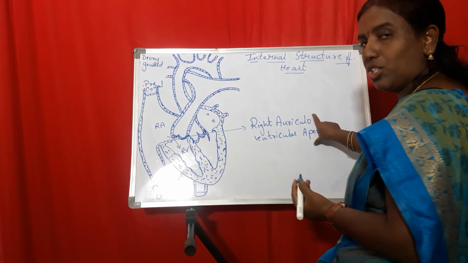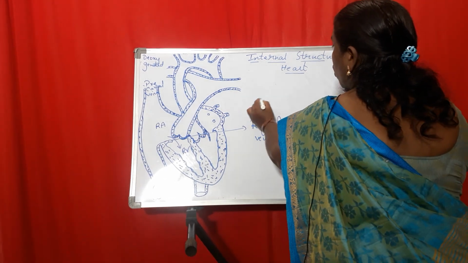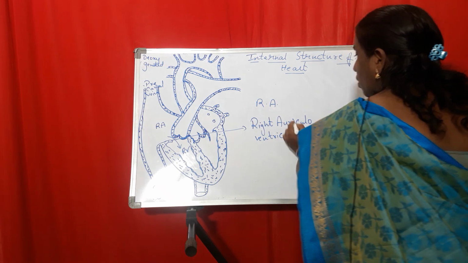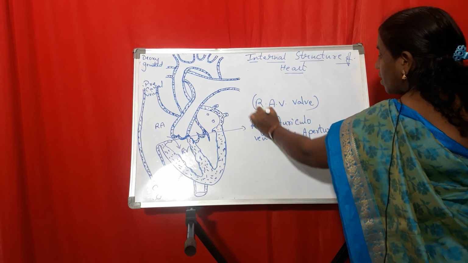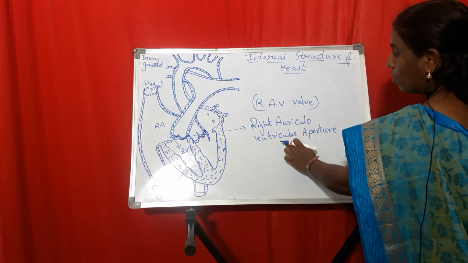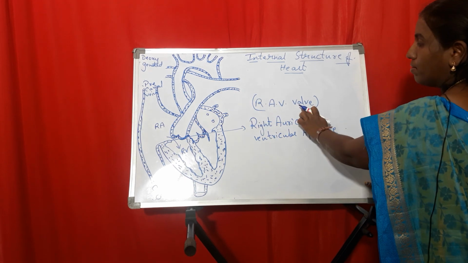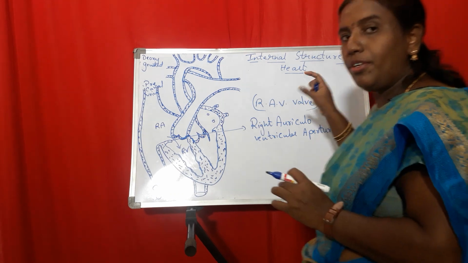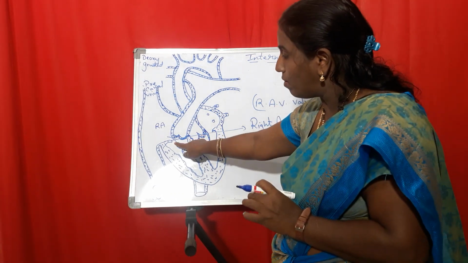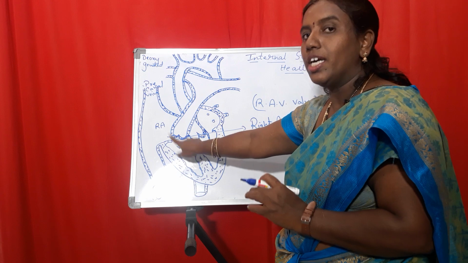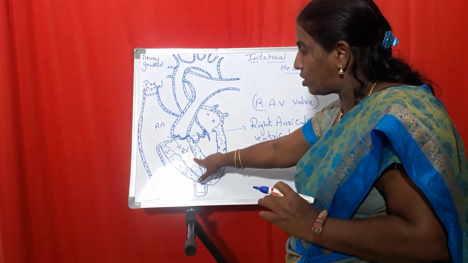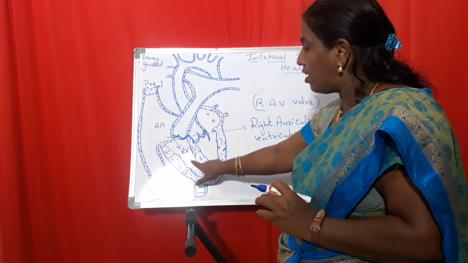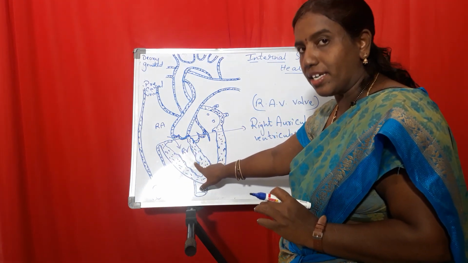At this aperture, there is a valve called the right auriculo-ventricular valve. What is the use of the presence of this valve at this aperture? It helps the flow of blood only in one direction, that is from right auricle to right ventricle.